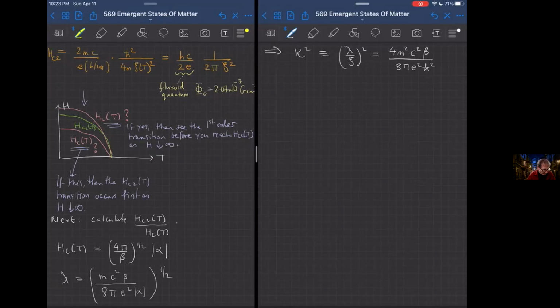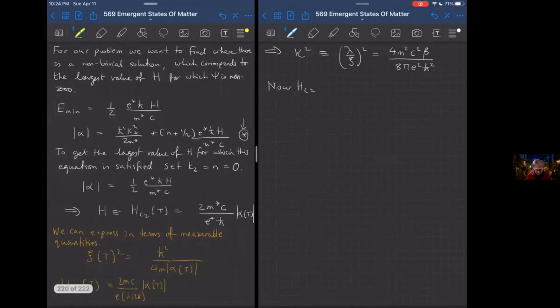So then now go back to the formula for Hc2. So remember, Hc2 was given by this formula over here in terms of alpha.